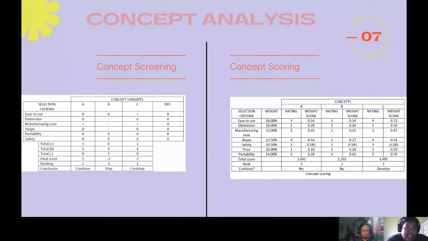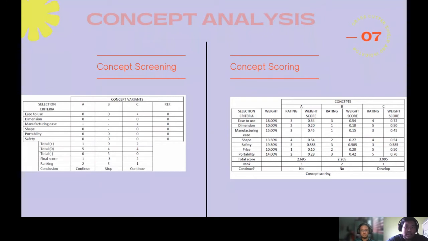But the B design has positive, negative, and neutral marks. So because of the negative marks on the B design, we have to stop choosing that design.